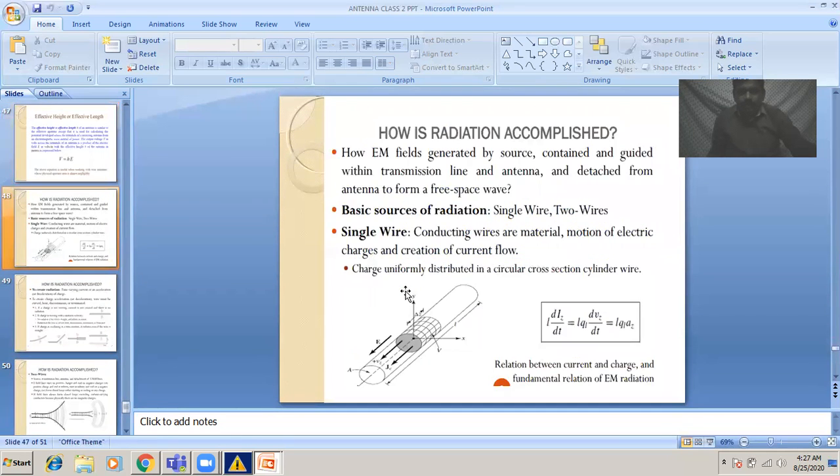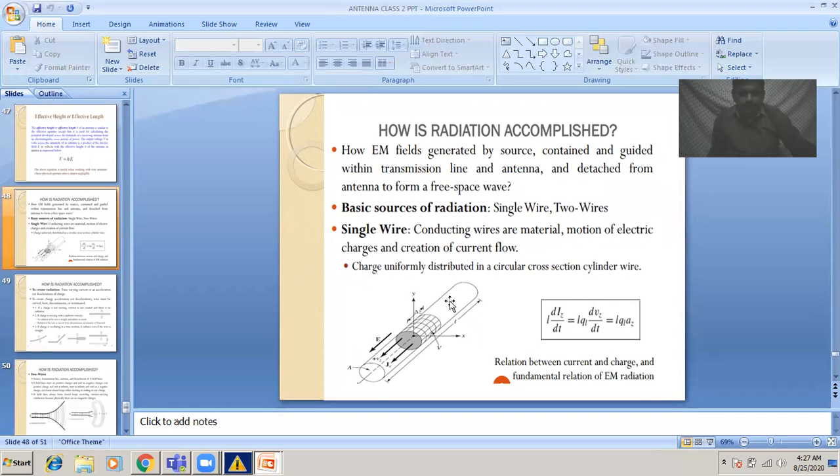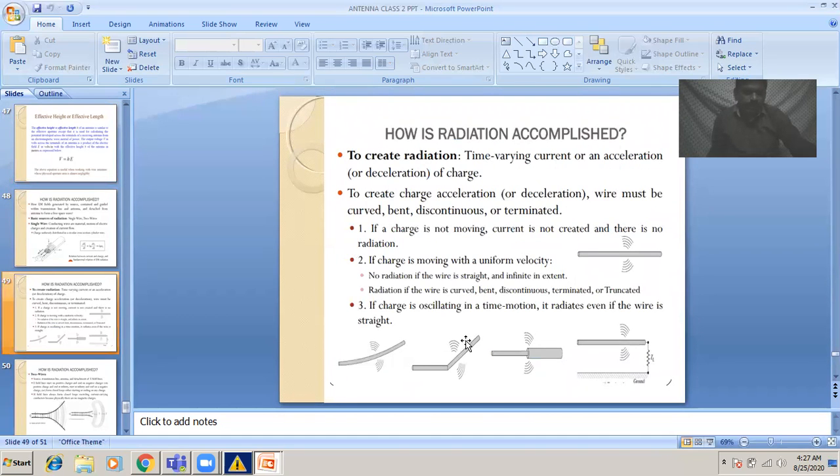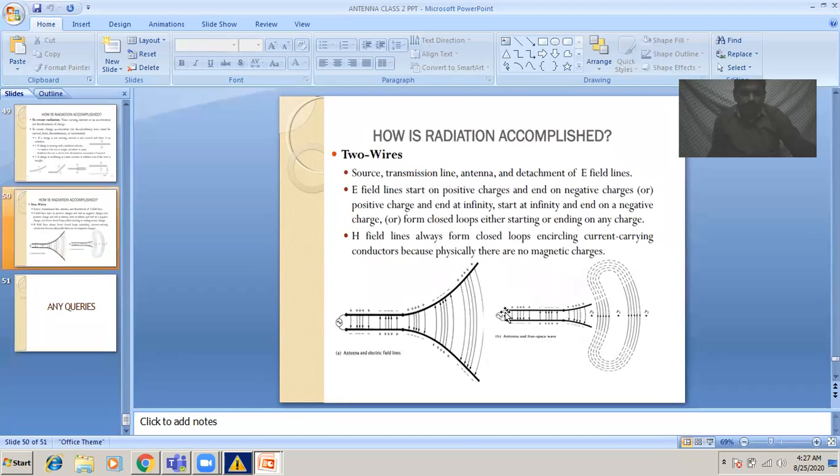Already you know single wire radiation, how a single wire acts as a radiator. Normally if the wire is bent or truncated or terminated, then only it is able to radiate. Otherwise, it is not able to radiate. That we have seen. It is two-way radiation. As long as the wire is straight, there is no radiation.